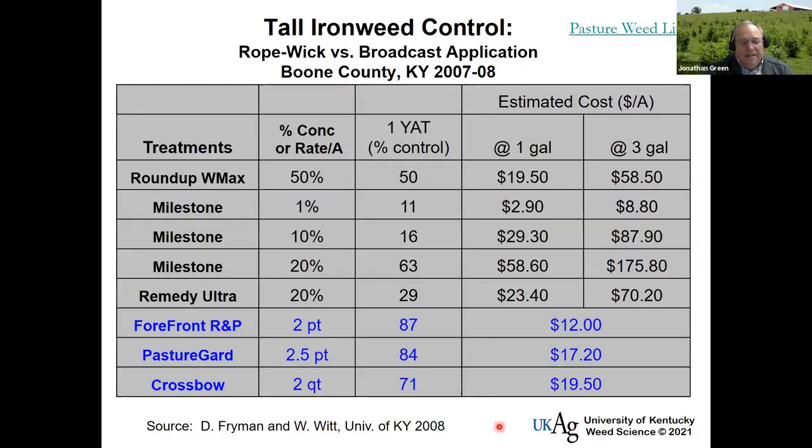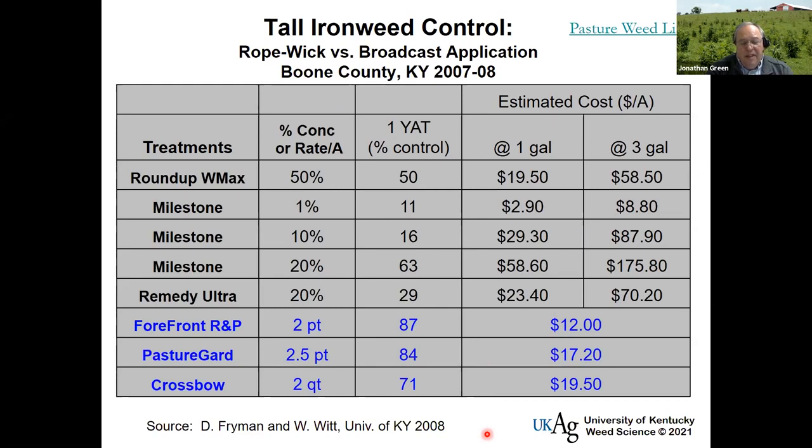So the concept of these wipers and rope wicks is kind of interesting and intriguing, but I don't see the results that we'd like to get as far as being serious about the control we're looking for, particularly when we have real dense stands of these weeds. They're not going to be as beneficial.